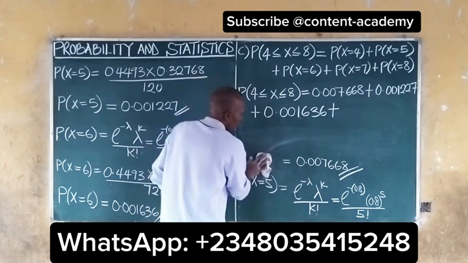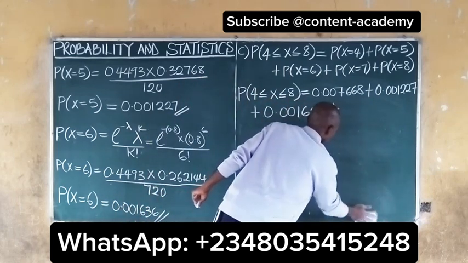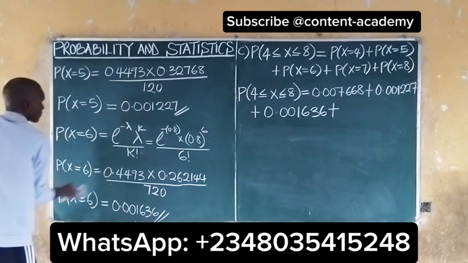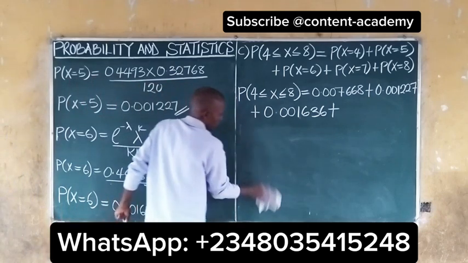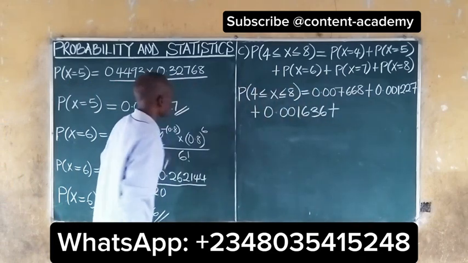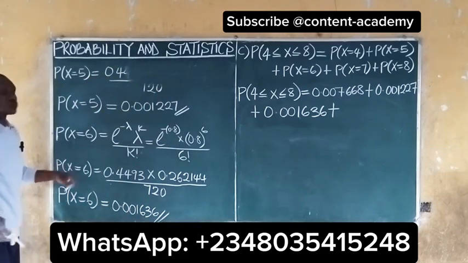Now we have to calculate for P(x = 7) and P(x = 8). We calculate for P(x = 7) and x = 8. So we'll delete this part of the board to do that.